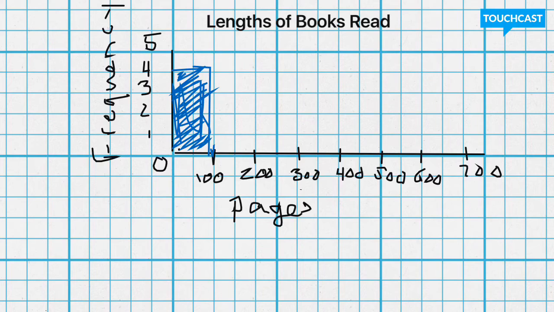Then from book pages 100 to 199, we had 5 classmates read a book that long. So we'll go from 100, we'll draw a line up to 5, and over to 199, which is just a little less than 200, we'll make a box, and then we will color that in.